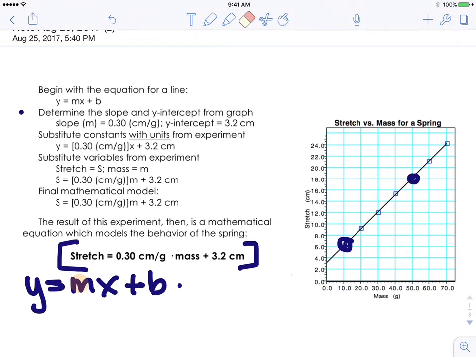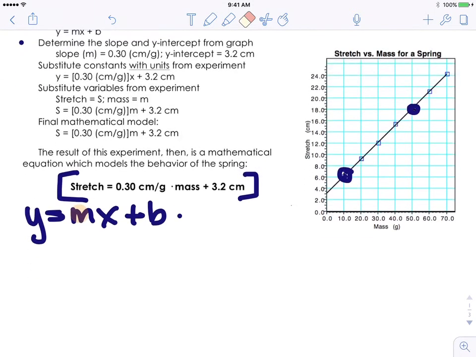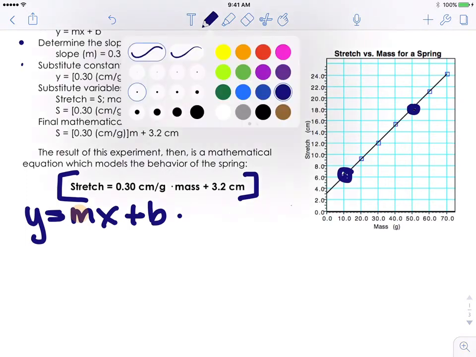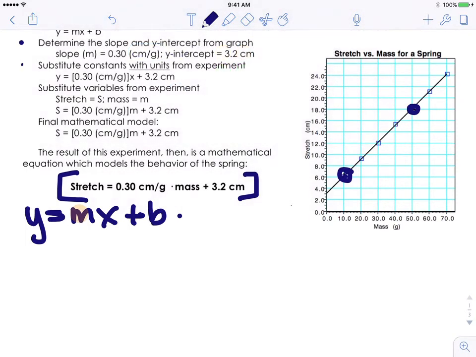Anyways, if I was following along with this and replacing everything as I went, at this point the equation of the line would look like this.